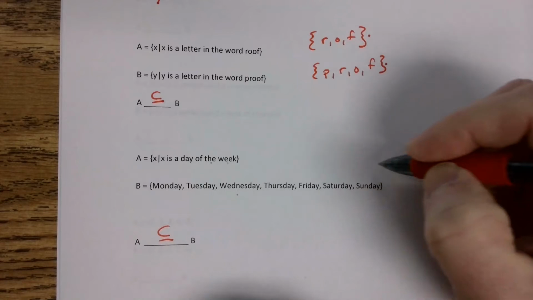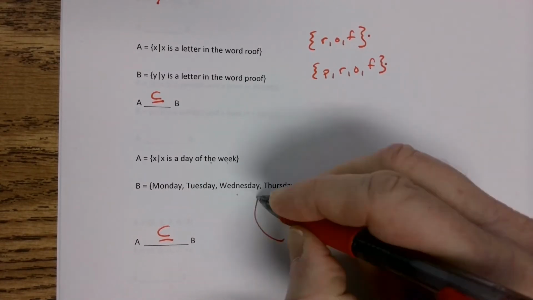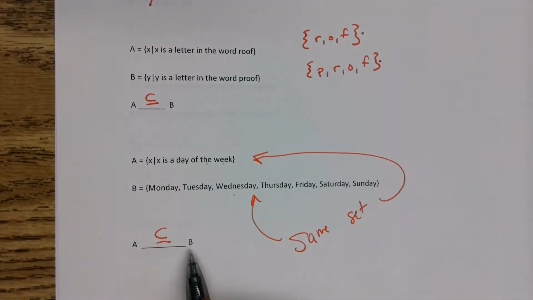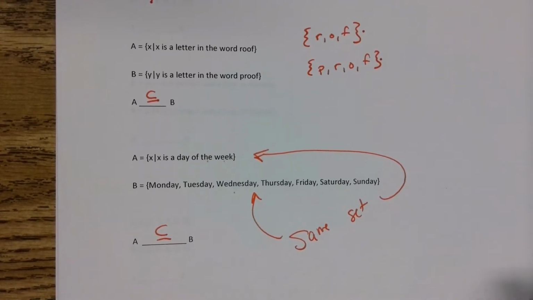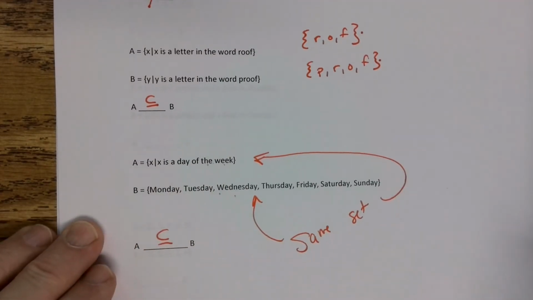These are the same set, but A is a subset of B, which bugs me, okay? It bugs me because I always think subset means there has to be at least one thing that's not in there, right? I want it to be a smaller set, but a subset actually can be the exact same size. Okay.